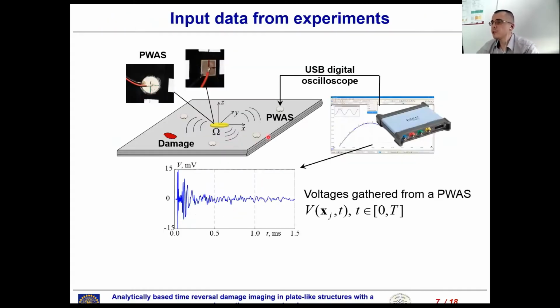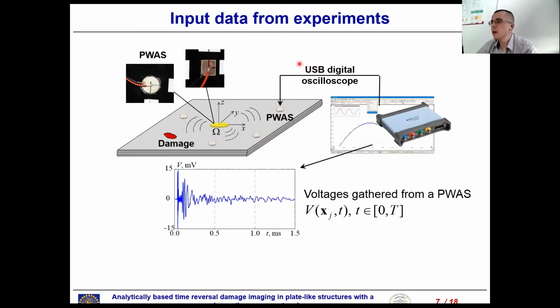And for such derivations, we need, of course, input data, and we currently are investigating two types of these. First of all, we are studying distributed sensor networks, which are piezoelectric buffer active sensors. And to gather information from these, we are using a conventional digital oscilloscope connected with USB to our laptops.